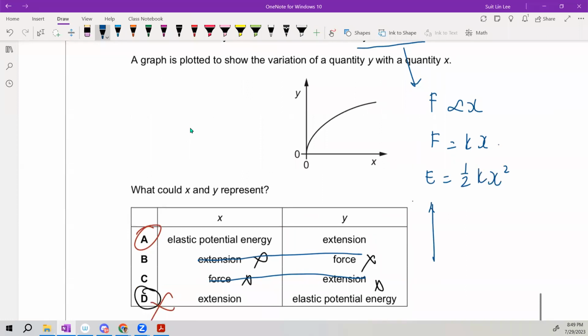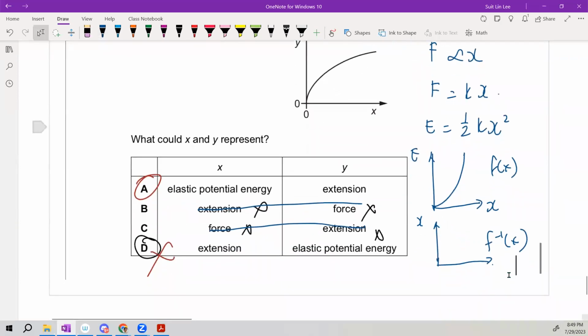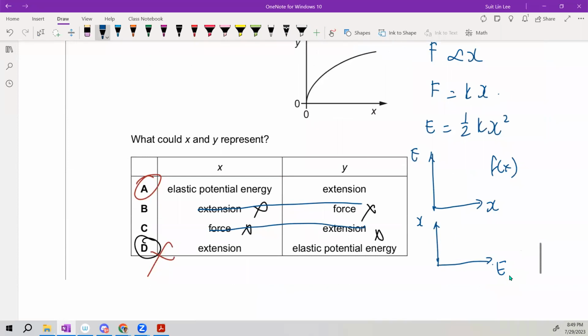So this means if I plot a graph of E against x, because it's x squared, I'll get this shape. When I flip the axis, it's as if I'm looking for the inverse function. If this is f(x), this is f inverse x. When I flip the axis, aka I do a reflection along x equal to y. Or if let's say you don't do that much maths, basically the shape will flip like this.